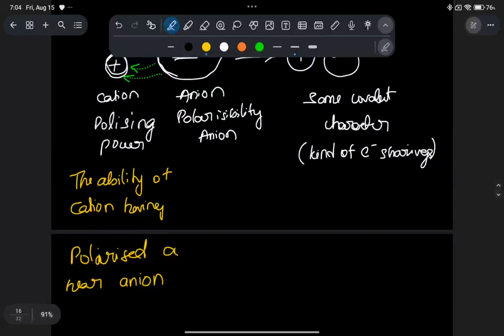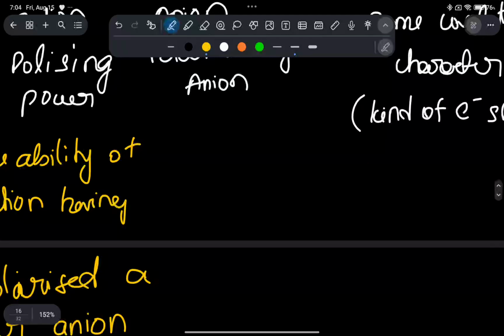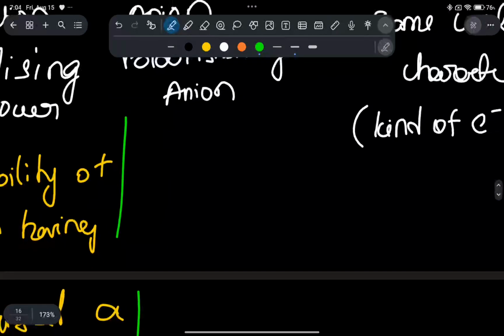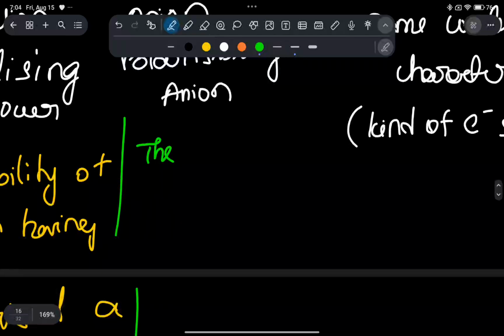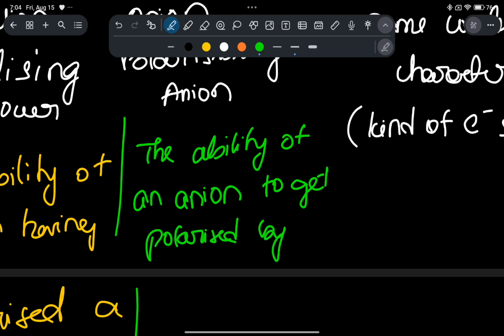And for the anion, I'm writing with a different color. The anion's ability is the ability of an anion to get polarized by a cation.